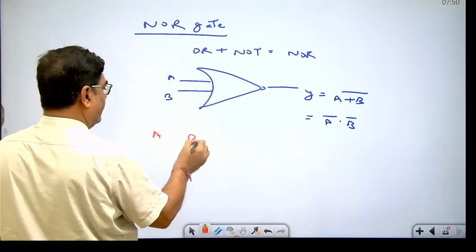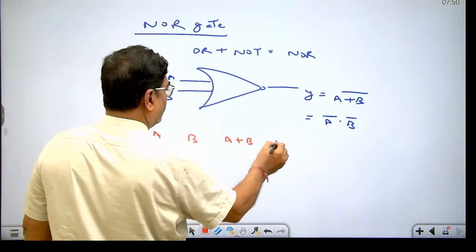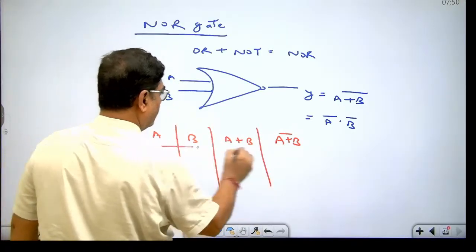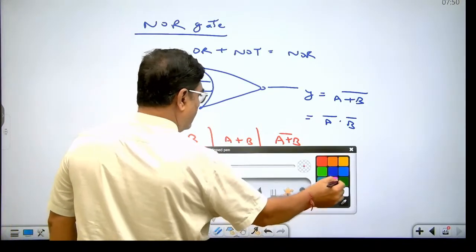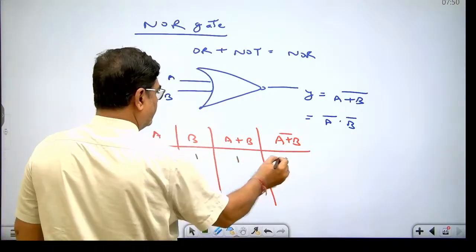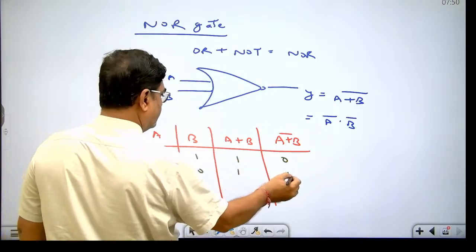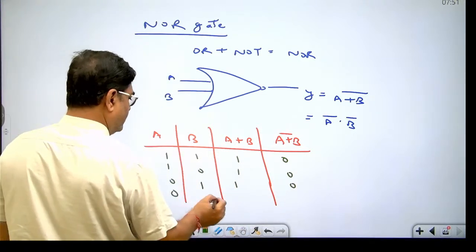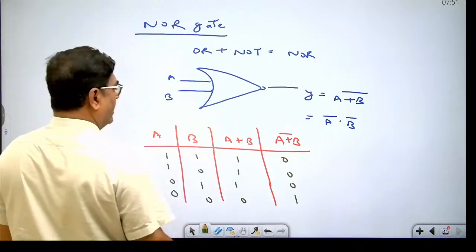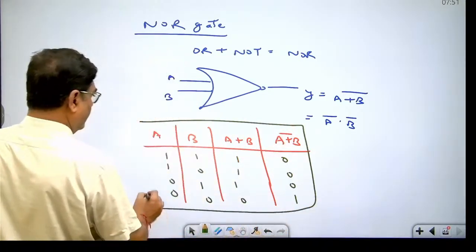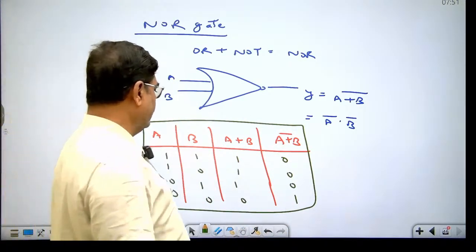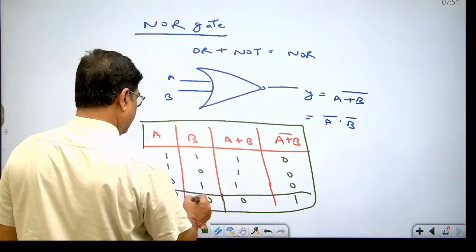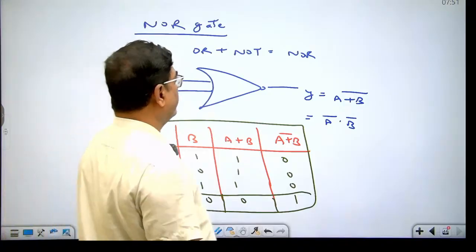This is the truth table: A, B, A plus B and (A plus B) bar. Now 1, 1, 1, 0, 1, 0, 1, 0, 0, 1, 1, 0, 0, 0, 0, 1. In the output of the NOR gate, we will get 1 when both the inputs are 0. Okay. So this is the result of the NOR gate.